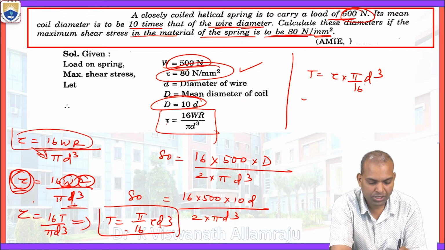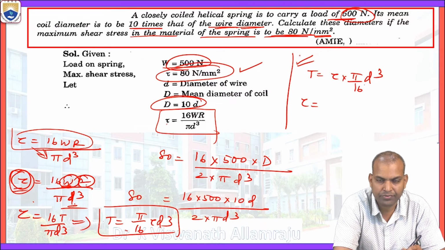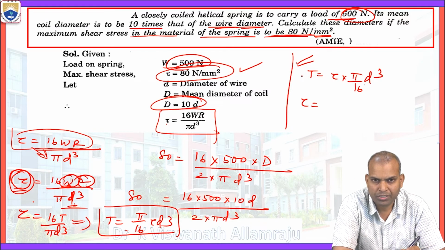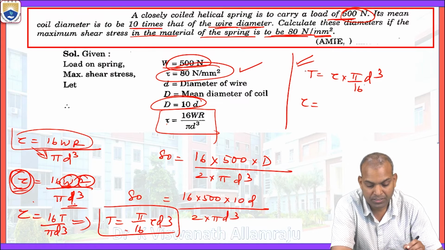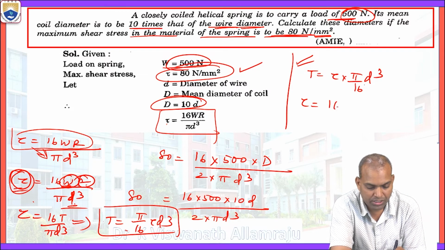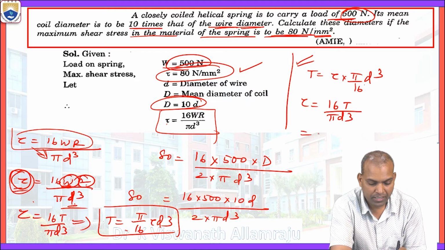This is the shear stress formula we derived in the case of pure torsion. From that we derived the relation between T and J: tau by R equals T by J. Now tau equals 16T by pi d cube. What is the T here?